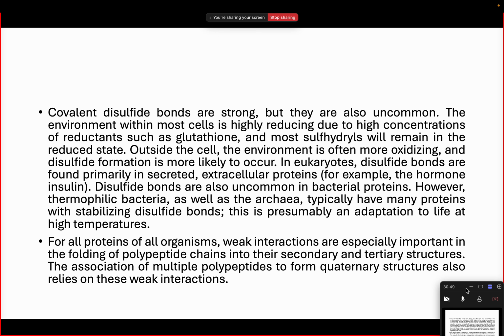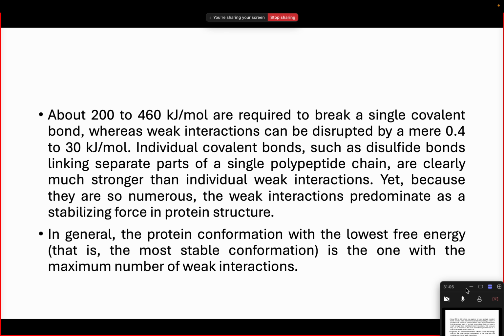For all proteins of all organisms, weak interactions are especially important in the folding of polypeptide chains into their secondary and tertiary structures. The association of multiple polypeptides to form quaternary structures also relies on these weak interactions. About 200 to 460 kilojoules per mole are required to break a single covalent bond, right?